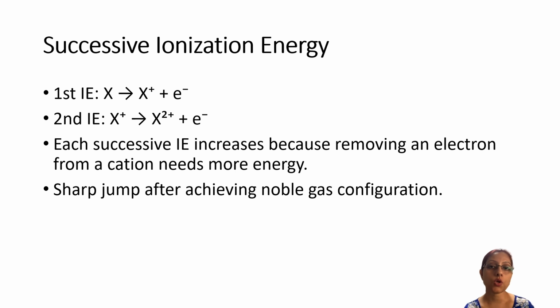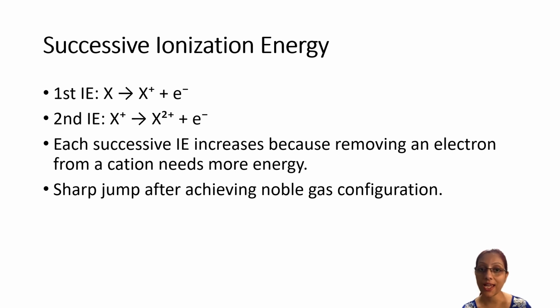And why is that? Because once you have removed one electron, the ion formed is positively charged, which means the remaining electrons are held more tightly by the nucleus. So more and more energy is needed to remove the next electron. For example, take sodium. The first ionization energy removes its single 3s1 electron, forming a sodium ion, which now has a stable noble gas configuration like neon.